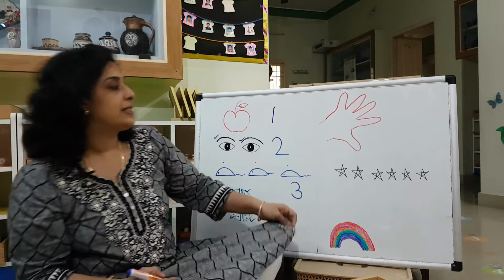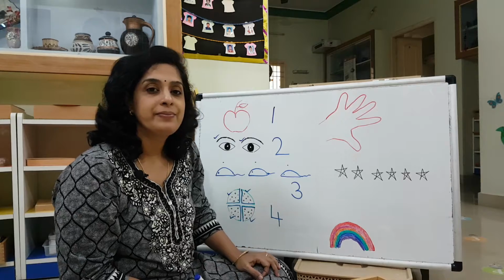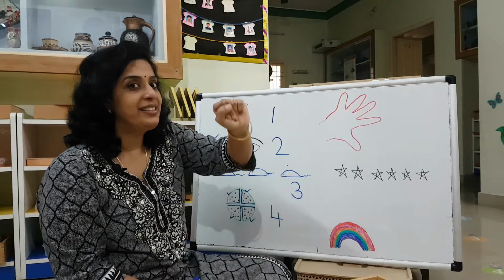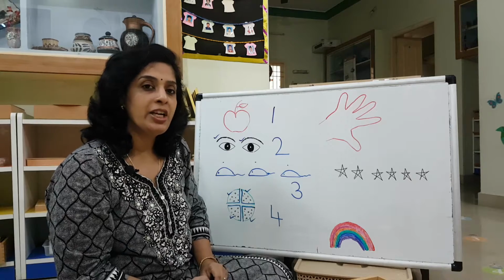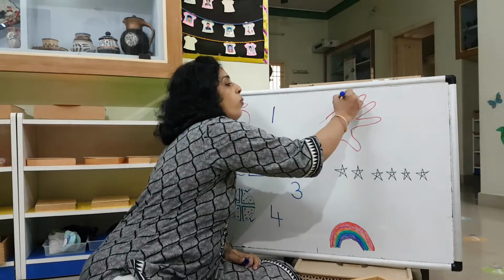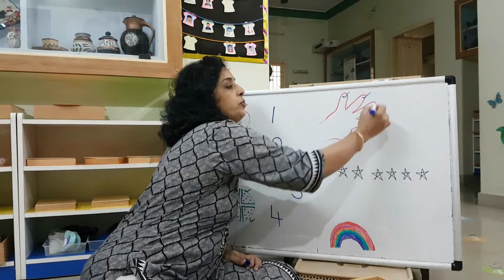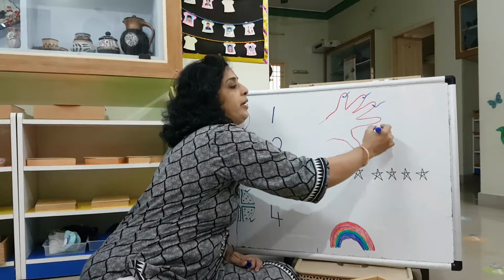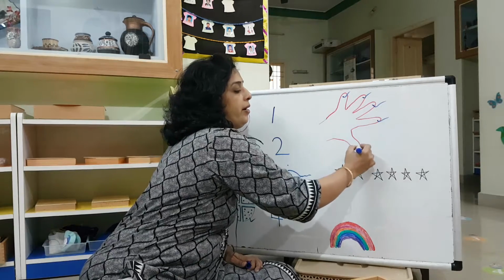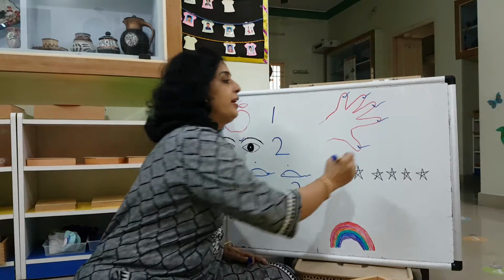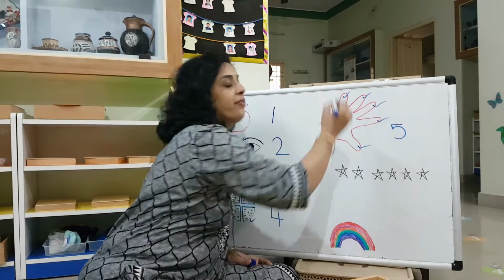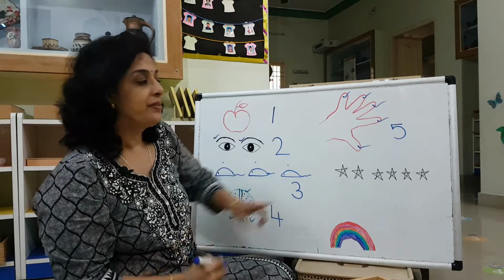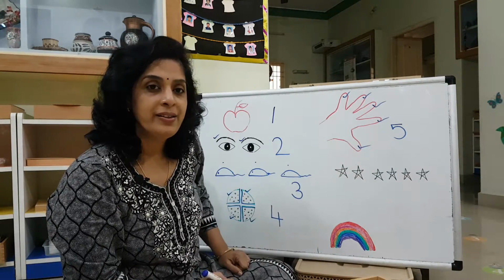Good. Next. What do I have here? Fingers, the hand. Okay? How many fingers are there on the hand? Shall we count? 1, 2, 3, 4, 5. And how do I write 5? 5. Am I right?